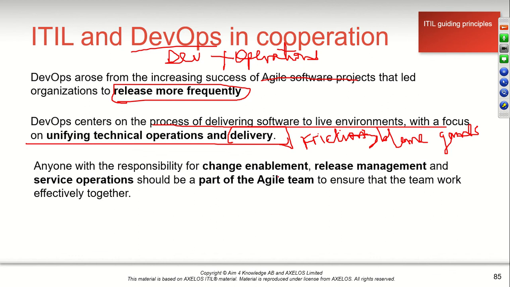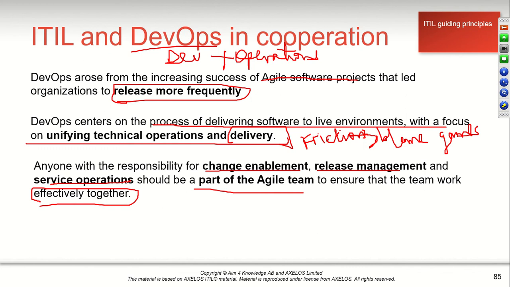Anyone with responsibility for change enablement, release management, service operations should be part of the Agile team so as to work effectively together. So anyone who is part of these practices, change enablement is a practice, release management is a practice, service operation is also a practice in ITIL 4.